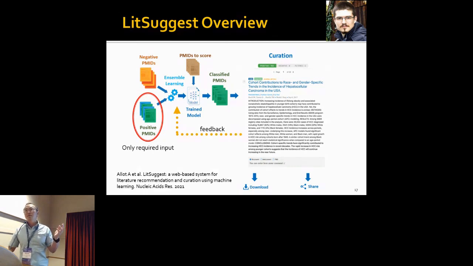In this case, it's called ensemble learning. Basically, we combine a lot of different individual classifiers for improved performance. Once the model is trained, given a new set of papers, it can scan the rest of PubMed or the rest of the literature to find all other papers that are relevant to the seed papers that we provided.